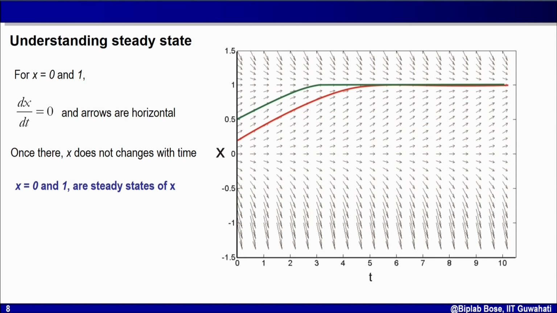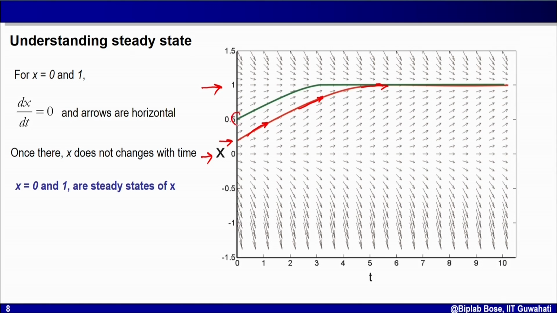If you look into this direction field, I have two places, x equal to 1 and x equal to 0, where the direction field's arrows are horizontal. That means dx dt is equal to 0. When I start at an initial value of x 0.2, I move along this integral curve and eventually land up at dx dt equal to 0 at x equal to 1.